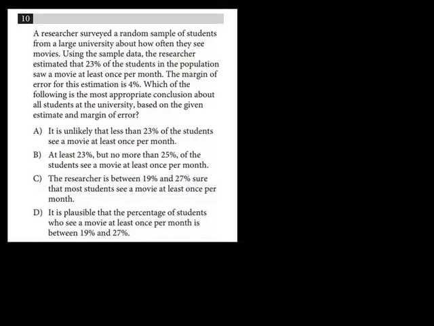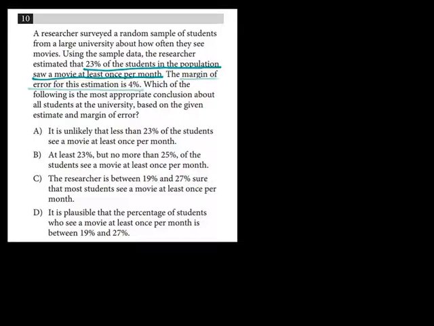We see that the researcher estimated that, let's highlight this, or underline, 23% of students in the population saw a movie at least once per month, and the margin of error for this estimation is 4%. So this is all we need.